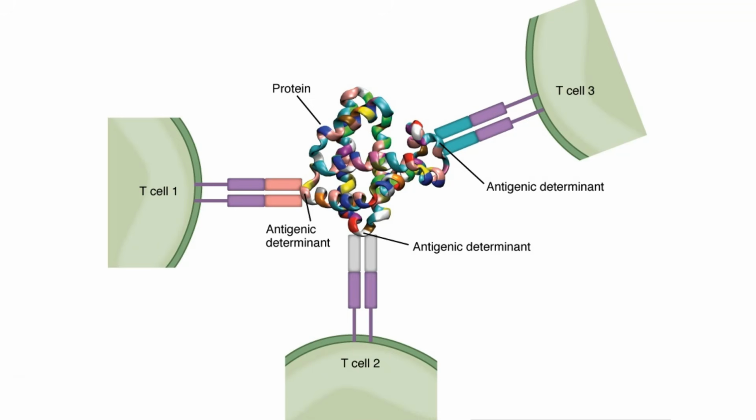So the antibodies have the antigen binding sites, which bind to specific antigenic determinant spots, specific shapes on the protein or whatever the antigen structure is. So here we see 3 different things binding to it, represented by 3 different colors, because they all have unique antigen binding sites binding to unique antigenic determinant parts of the protein that's the antigen.